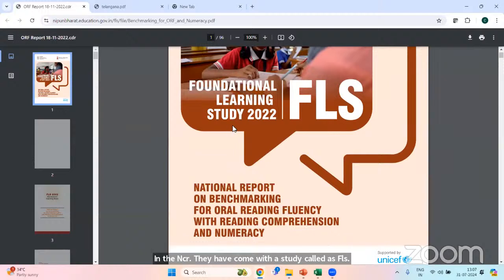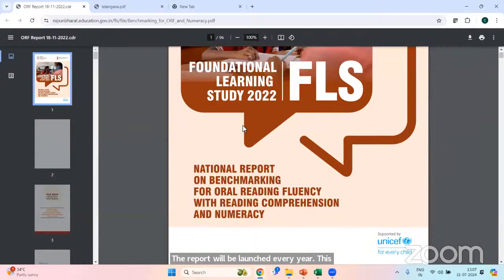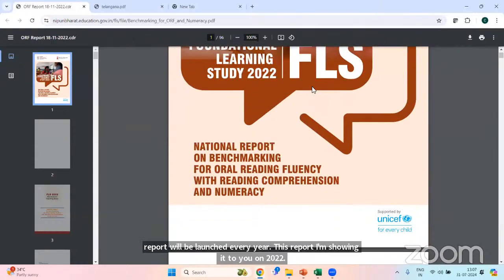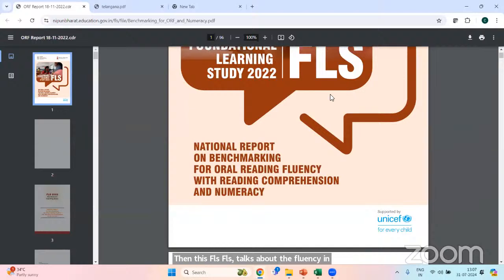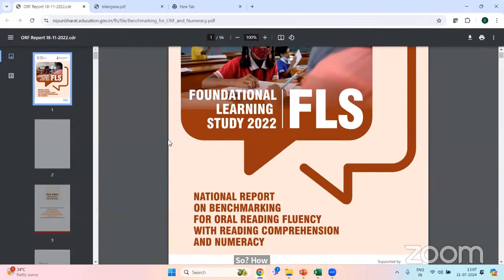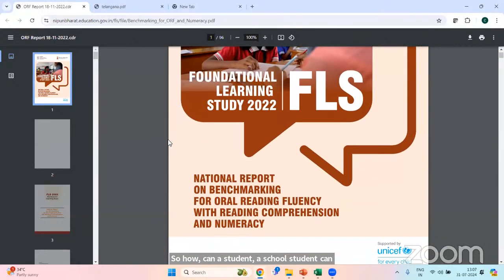This report, I'm showing it to you for 2022, where this FLS talks about fluency in learning and speaking. So how can a school student read comprehensively, and what are his or her skills in numeracy, that is, the numerical skills.